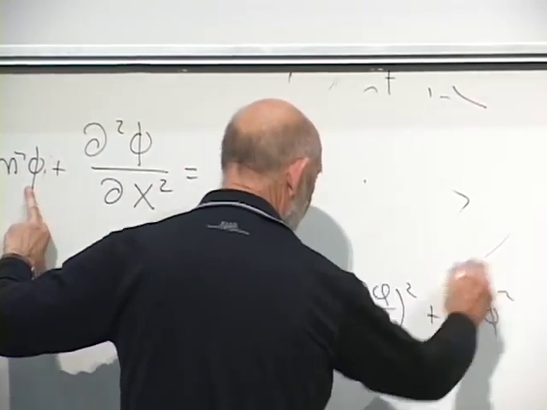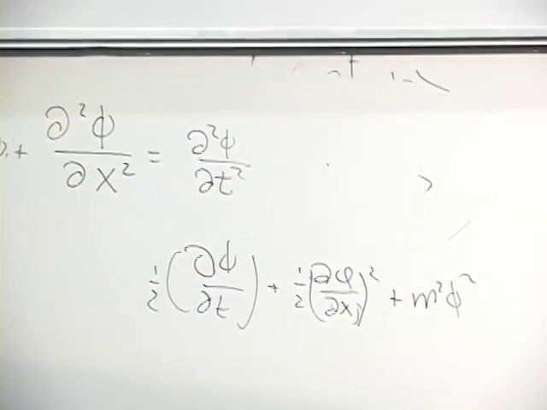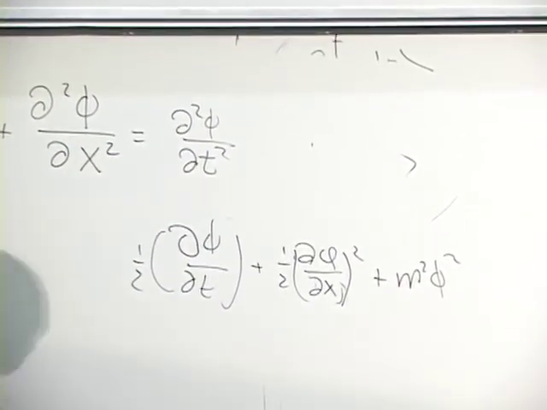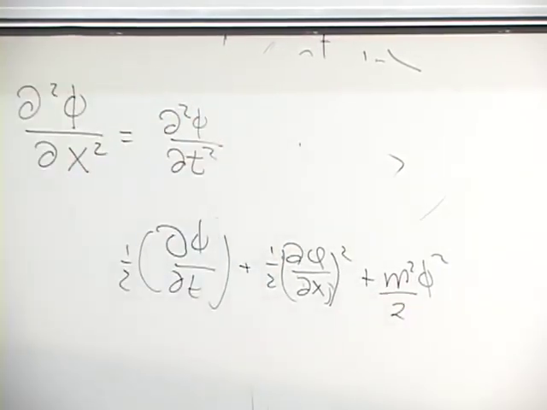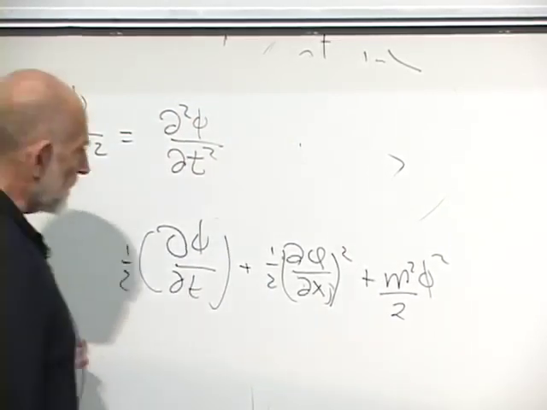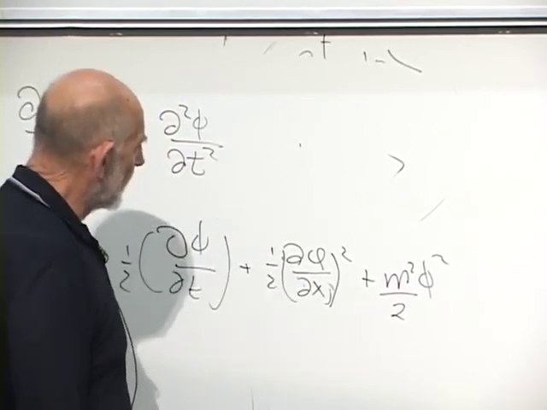Does anybody remember this from last quarter? Wave equations and the mass term, how you put in a mass for a particle in terms of the wave equations, Klein-Gordon equations with mass. This was the rule.